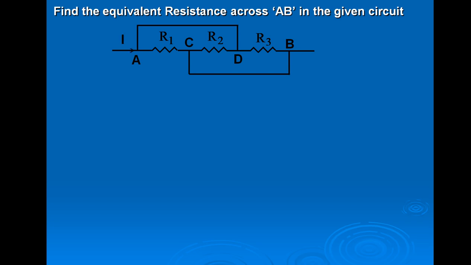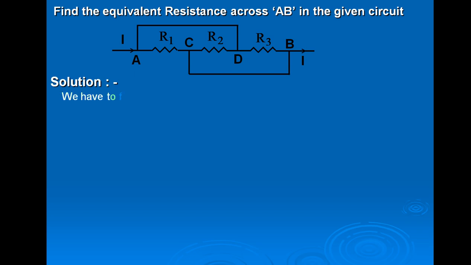Current I is flowing through the circuit and we have to find the equivalent resistance across A and B.